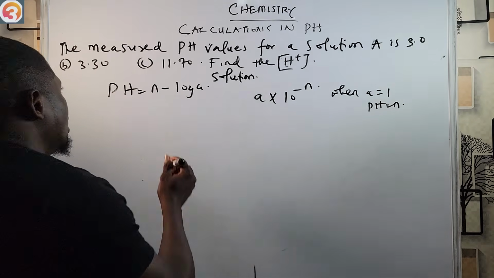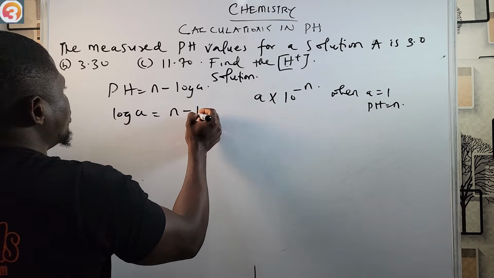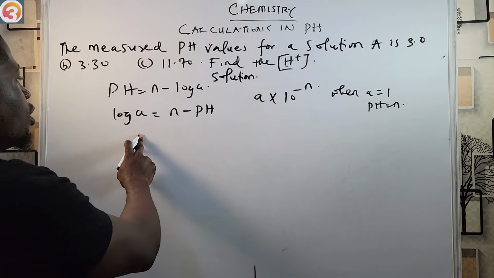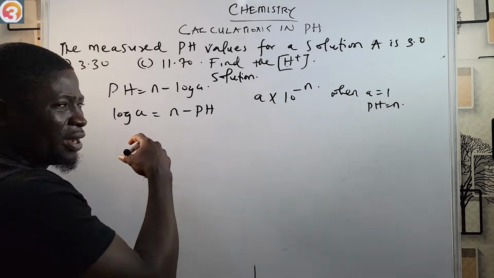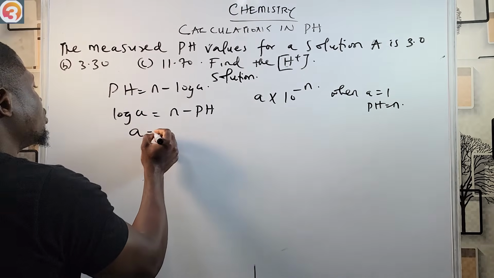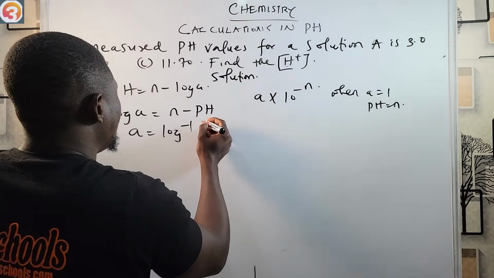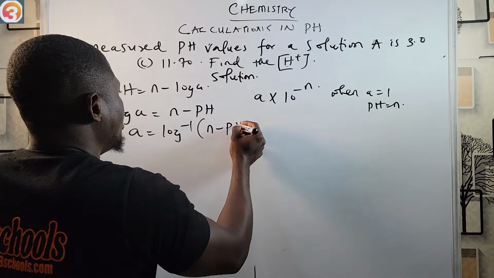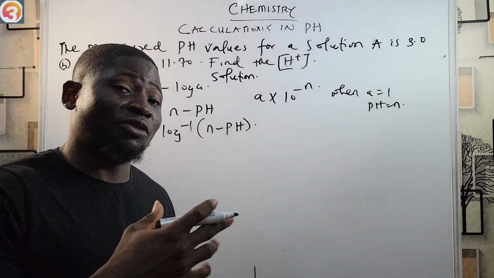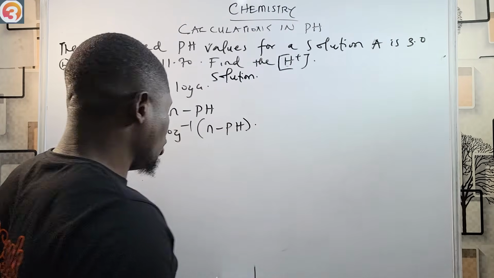From here, log a equals n minus pH. But it's not log a we are looking for, we're looking for a. That is our concern. So from your calculator, press log inverse of n minus pH, and you get your a. Obviously you have known your n already. It is easy to know n, but it's not easy to know a.